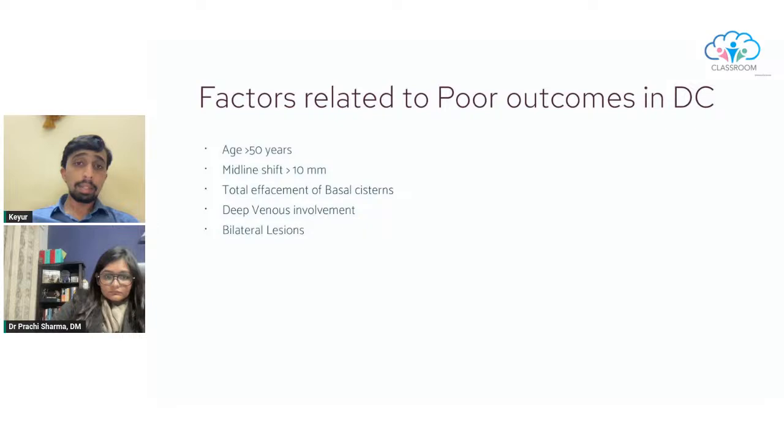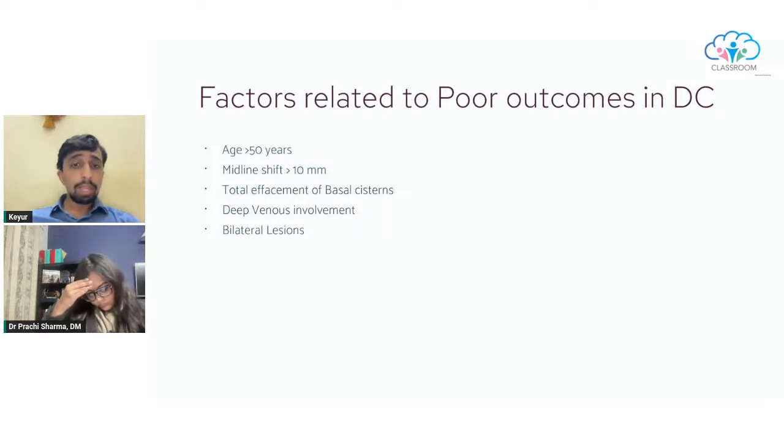So, what are the factors which are related to poor outcomes even after doing a decompressive craniectomy? Age more than 50 years. These older patients are more friable, and they are more likely to lose more blood and become unstable during the surgery. Midline shift of more than 10 means there is a significant mass effect, and usually these are the cases which are taken late for surgery, when significant time has passed and there is a significant injury.